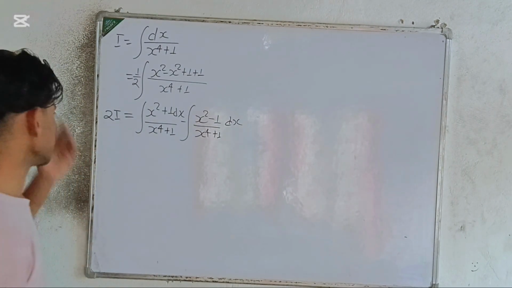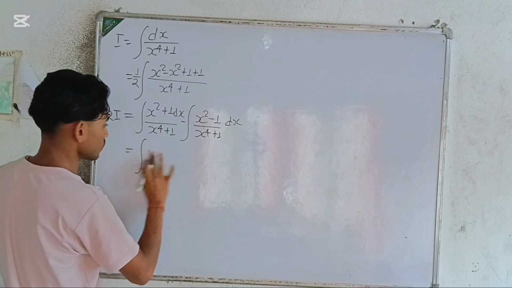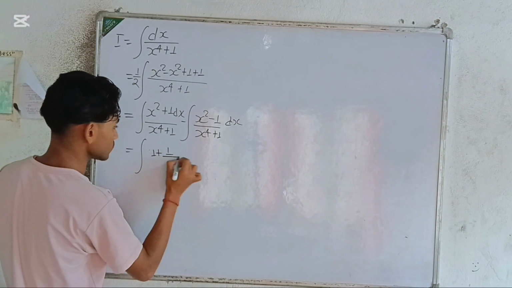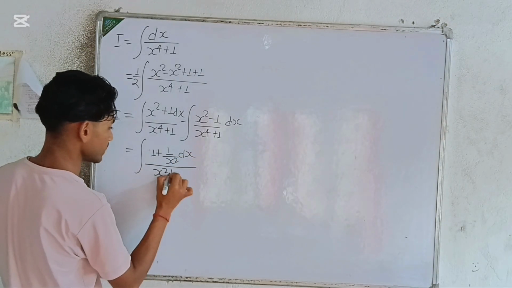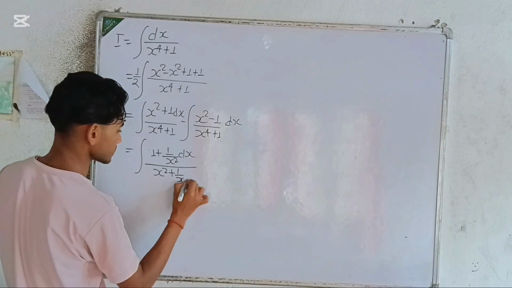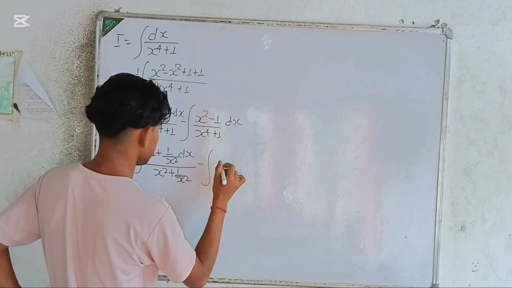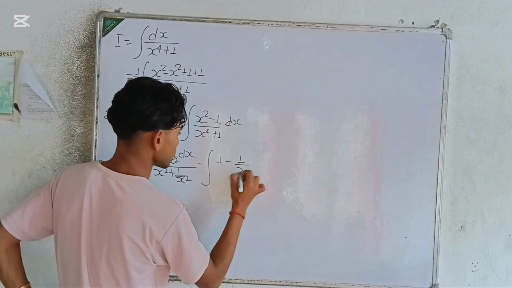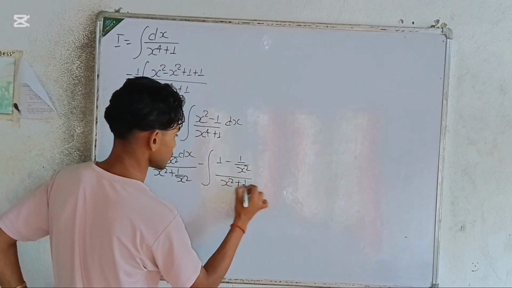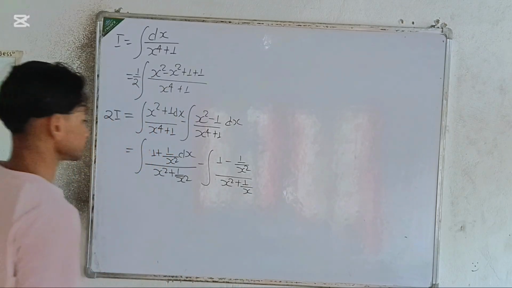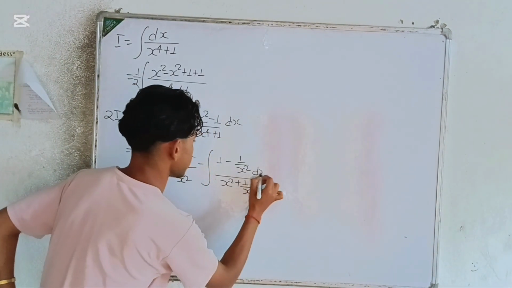And now we can do some algebraic manipulation. I can write it as the integral of 1 plus 1 over x squared dx divided by x squared plus 1 over x squared, minus the integral of 1 minus 1 over x squared over x squared plus 1 over x squared, and here we have dx.